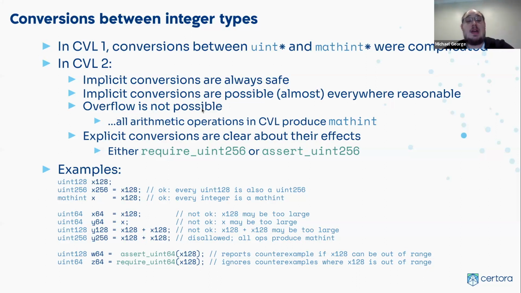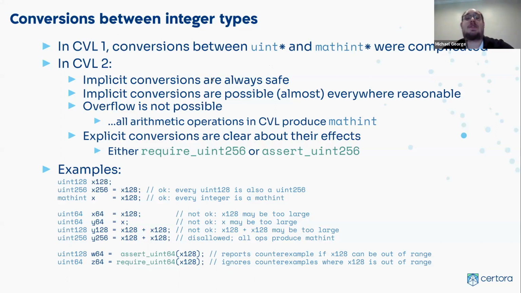In addition, you can implicitly convert, but only in places where it makes sense to do so, only when you're not going to lose information. For example, if you have a uint, you can always store it in a math_int variable, because every uint is a math_int. And if you have a uint8, you can always store it in a uint16 variable or a uint64 or whatever, again because you're never going to lose information by doing that.